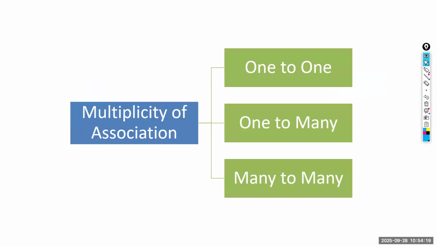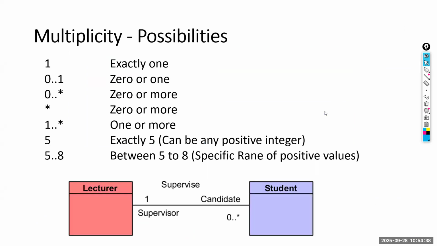Right. So the multiplicity, now you know that it can be unidirectional or bidirectional. So multiplicity can be one to one, one to many, many to many. Remember that ChatGPT generated that example where a library can have many books. It's one to many. But when it comes to modeling, we need to show whether it's optional or not.